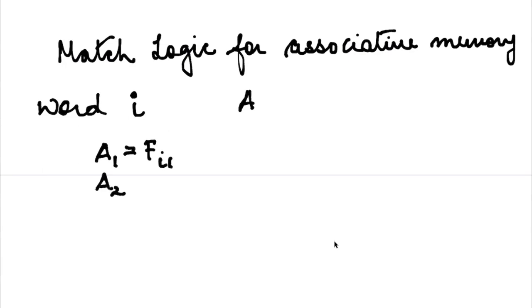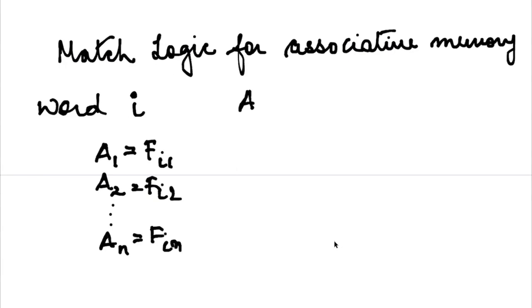When we are talking about matching a word, say I have a word I. A word I will match the contents of the argument register A if A1 is equal to Fi1, A2 is equal to Fi2, An is equal to Fin.